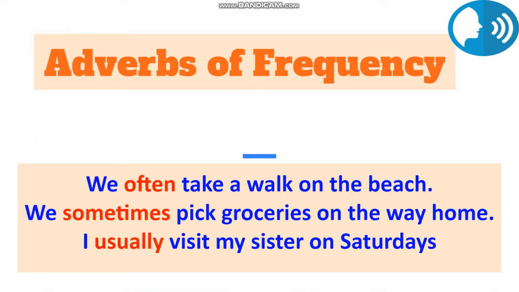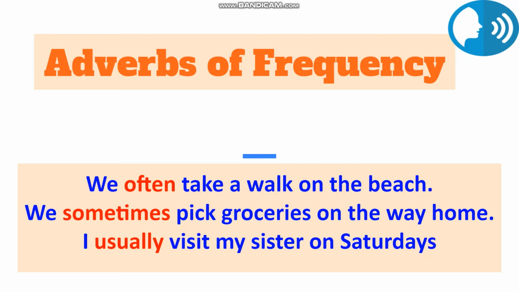Now, usually these adverbs are used in the present tense, and adverbs can go in a few different places in an English sentence. But mostly they go in the middle of the sentence, that is, between the subject and the verb. For example, we often take a walk on the beach.